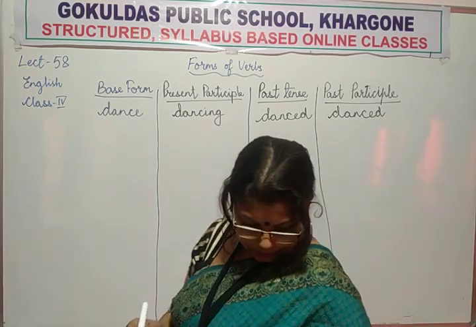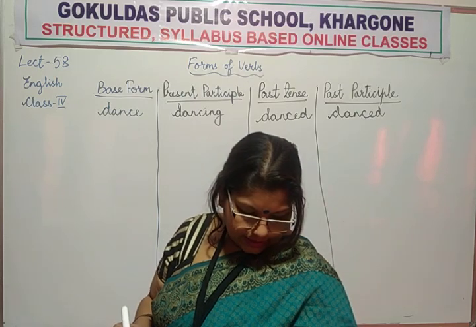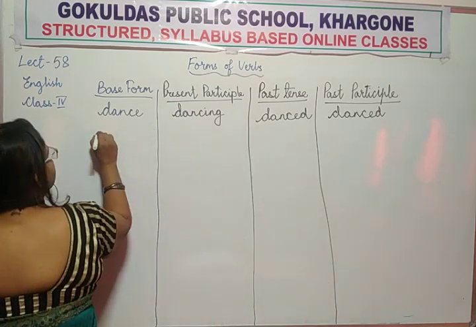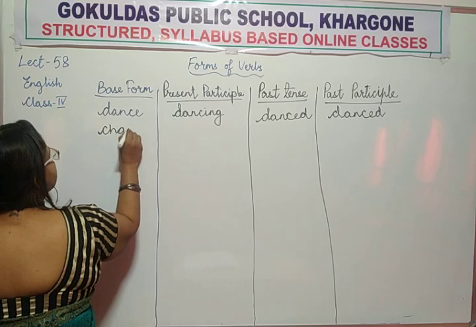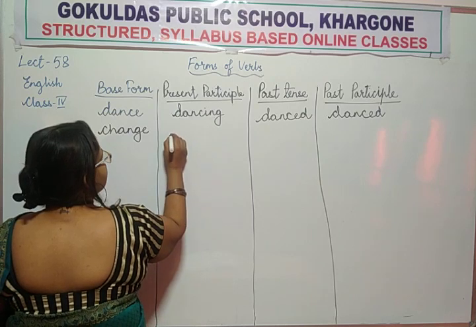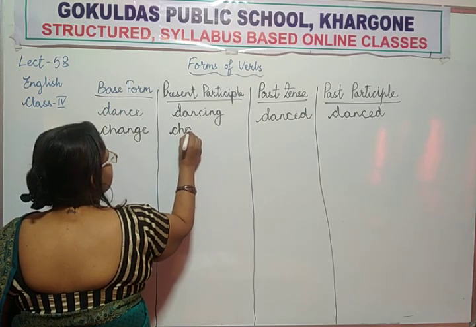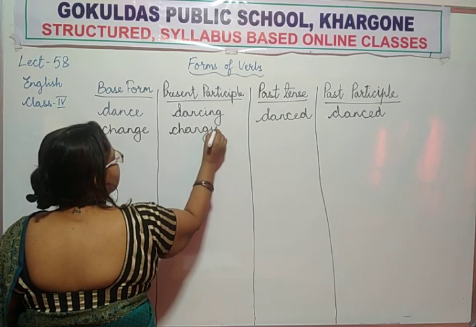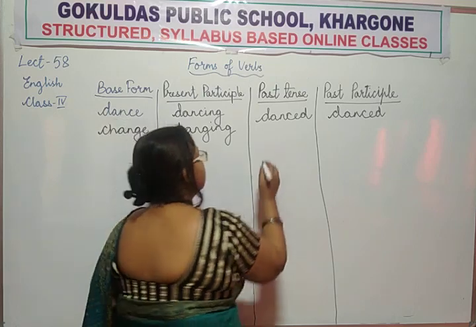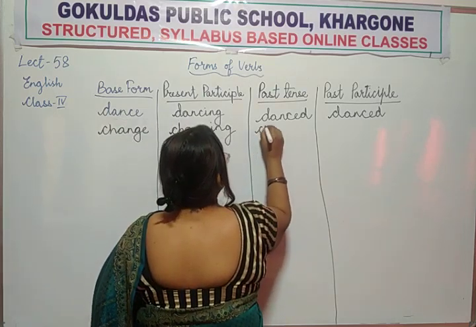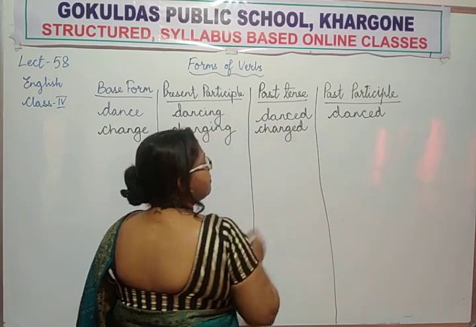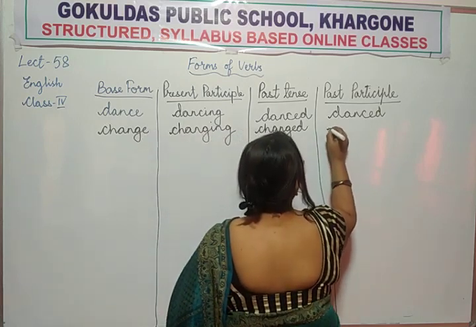Like change, changing, changed, changed. So change is the base word. In present participle, you have to add ing. Changing, right? Here in the past tense, you have to add ed. Changed. And now even the past participle doesn't change in this word.